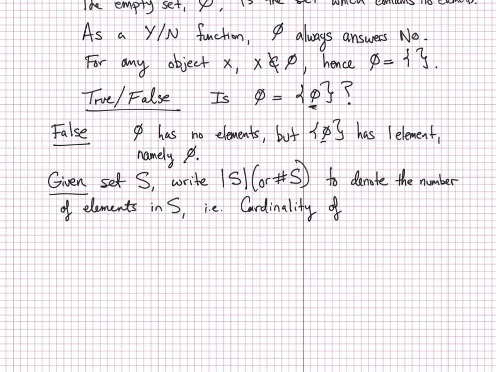Then I can just say this is some number in the natural numbers. We're going to see you have to be a little more careful when you write infinite sets. Cardinality of S.